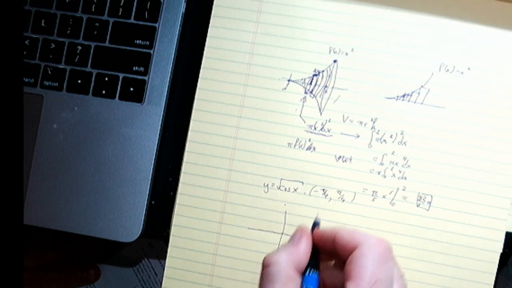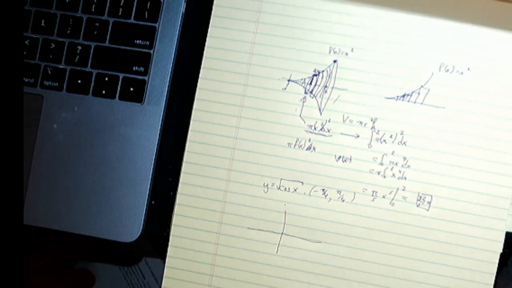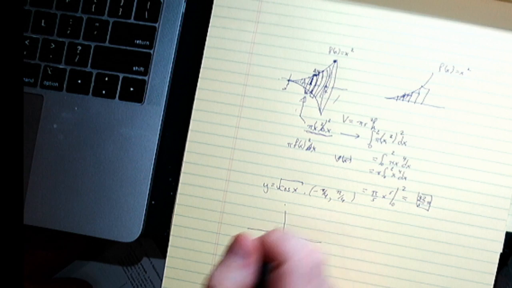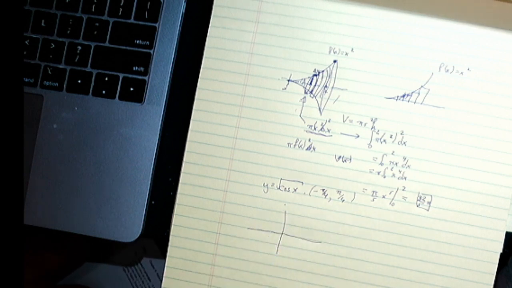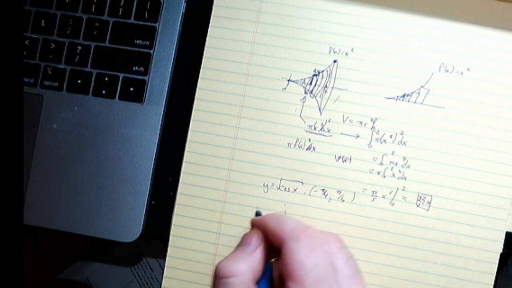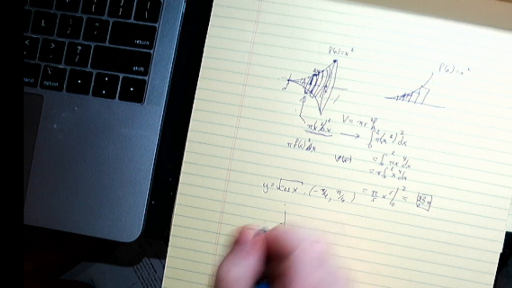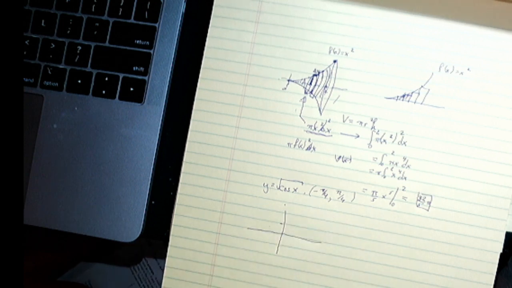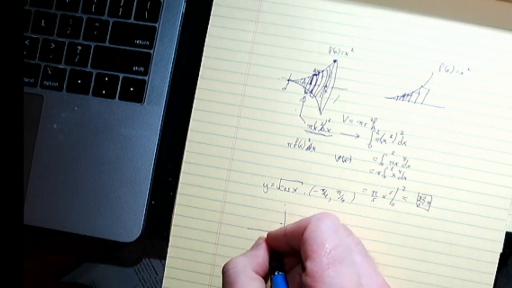At minus pi over 4, cosine x is root 2 over 2, and we're taking the square root of that, so we're at the square root of root 2 over 2, which, ow, but you don't care for the moment.